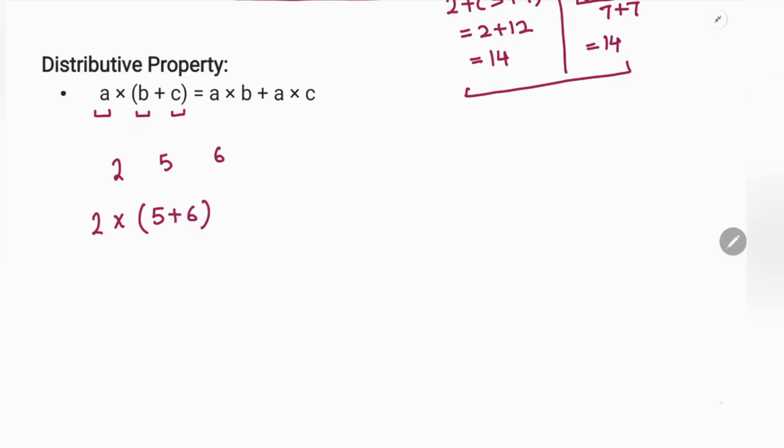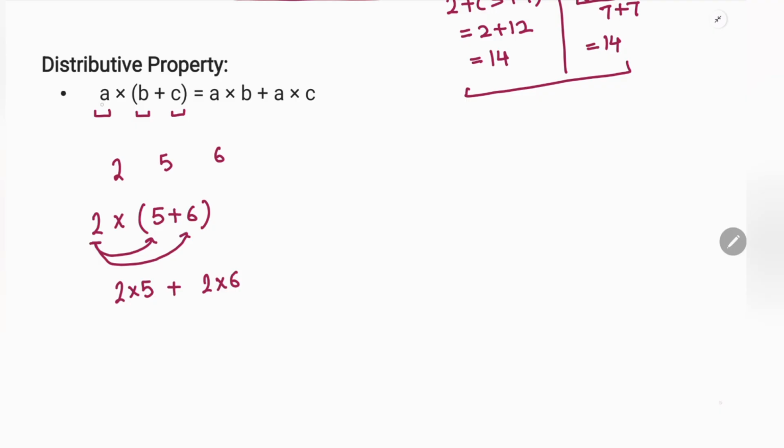When we learned algebra, we learned this. Whatever we have outside the bracket, we multiply that with every number inside. So 2 I will multiply with 5 plus 2 I will multiply with 6. This is nothing but the distributive property.